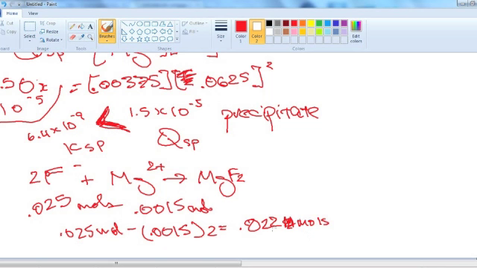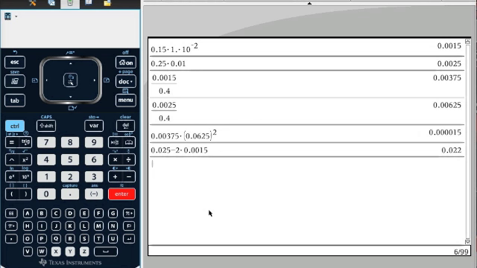And we got that. And now we divide that by the total volume, right? 0.4 liters. Yeah. That equals 0.055 concentration of fluorine, right?